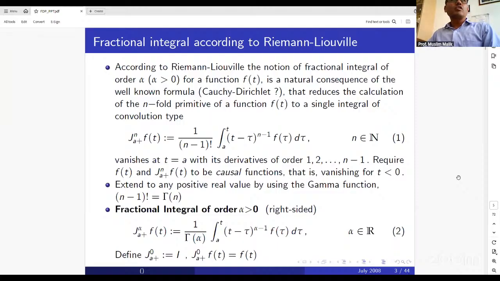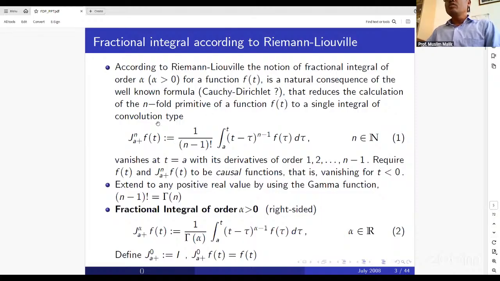Okay, so also we know that before defining the derivative of some function, we just need to know what is the integral of that function. So this equation number 1 represents the n-fold integral of the function f. We apply the change of variable and multiple integral, and after that we get that equation number 1 is the nth integral of the function f.